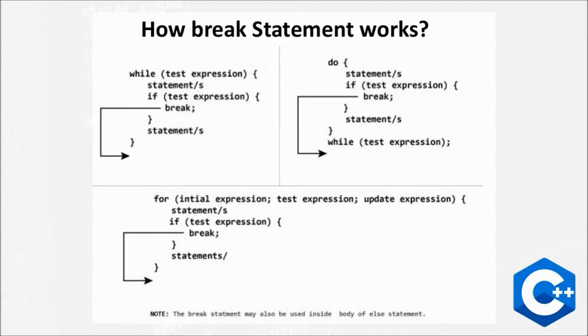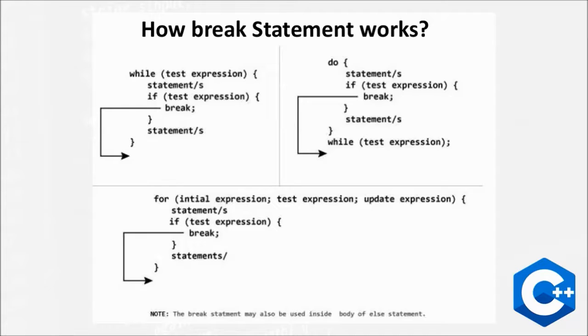In these statements, we insert a test expression. In the test expression, we check whether we gain our result or not. If our condition matches, then we insert a break. Otherwise, these statements continue and the while loop ends.